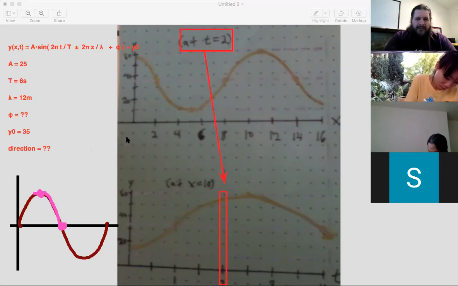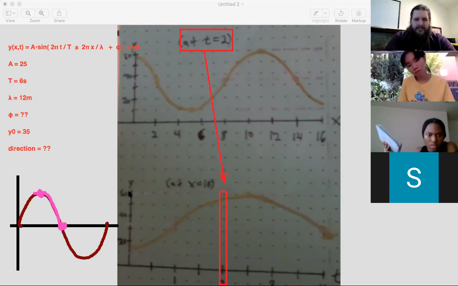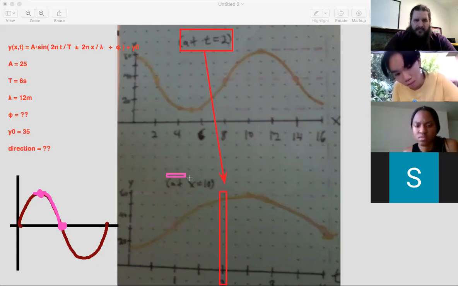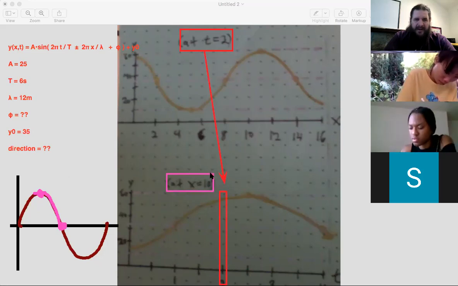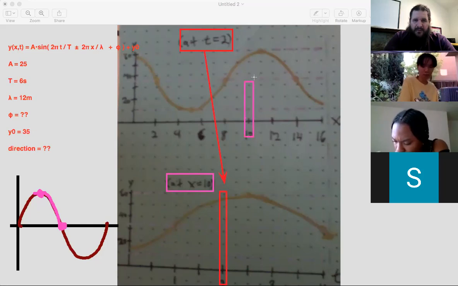And likewise, the time graph represents all times, but only one instant, one location. And what is that location? X equals 10. Yeah, so we want to find that location, x equals 10, on the position graph. And we have that right here.